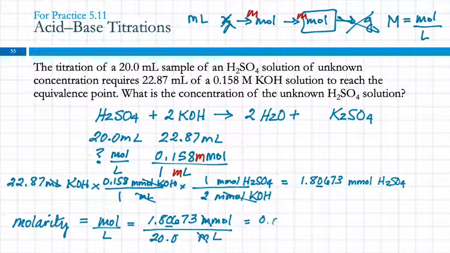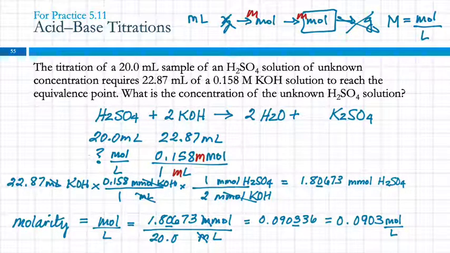Should have 3 sig figs, 0.090336. 0.0903 moles per liter. Any questions? Bless you. 0.0903 mole.